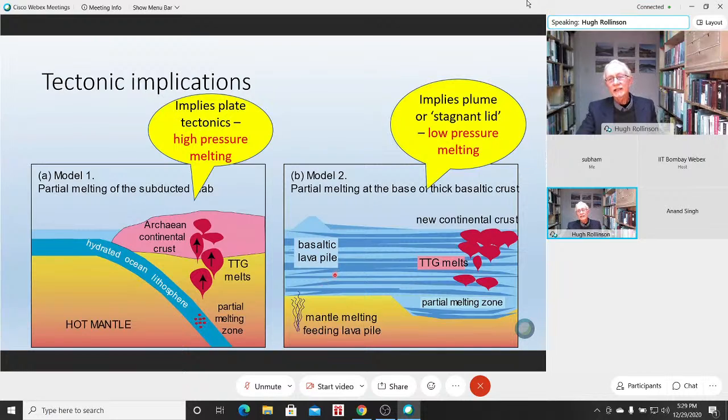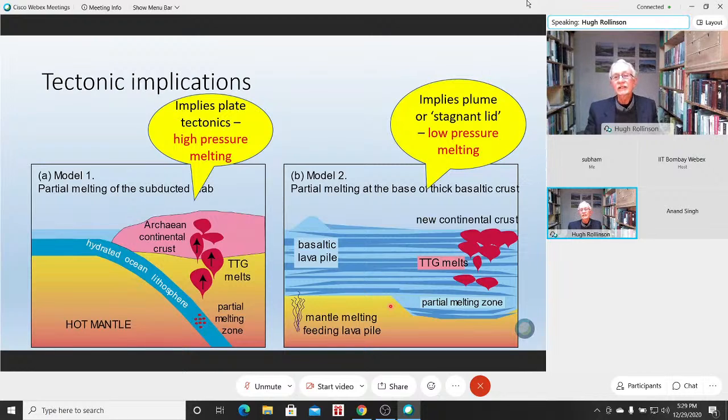Alternatively, we may have had much thinner, shallower melting at a lower pressure, but melting of a thick lava pile produced in a plume, or as some people describe it, in a stagnant lid of basaltic magma that was produced very early in the history of the planet.